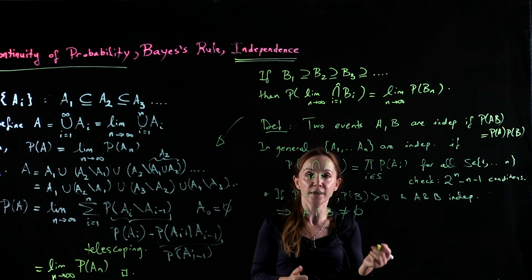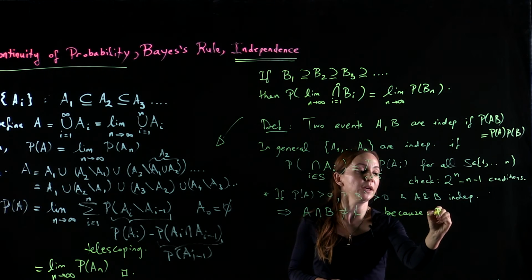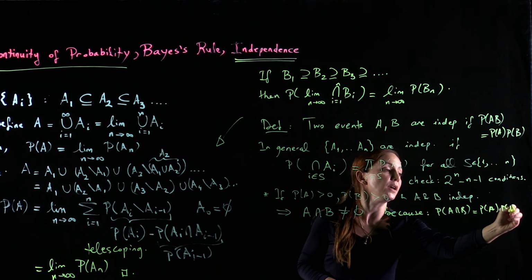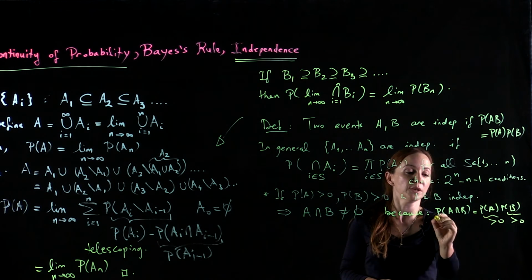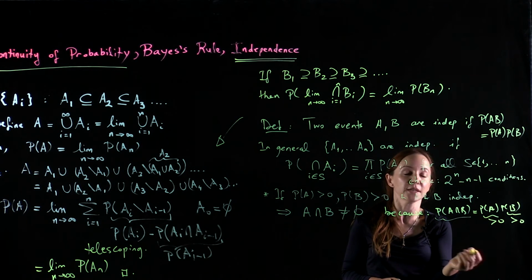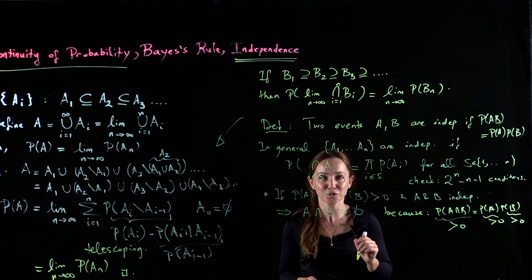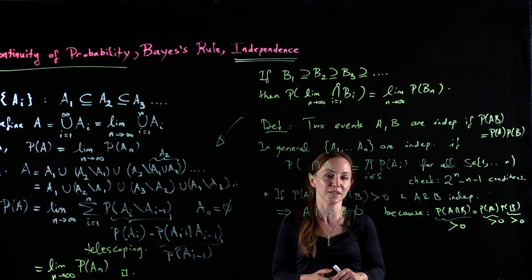Okay, why? Because P of A intersection B is P of A times P of B, but if these are non-zero, the product cannot be 0, so the probability of the intersection has to be positive. This means the intersection is not empty.